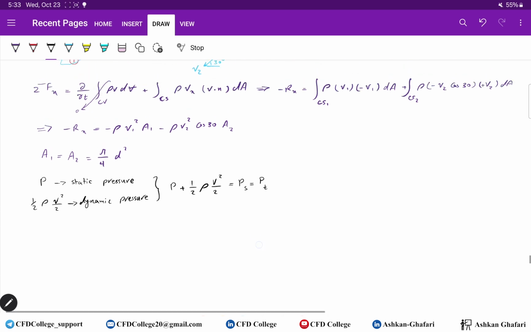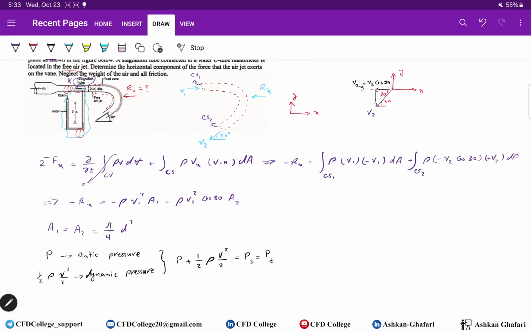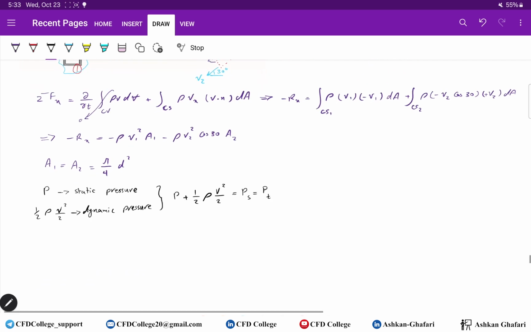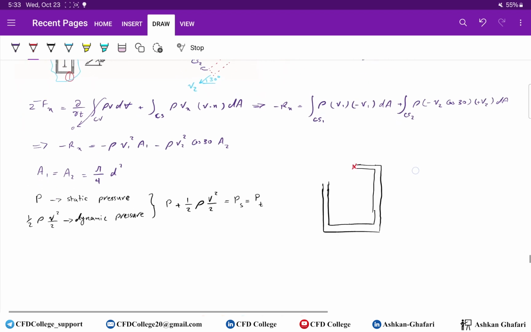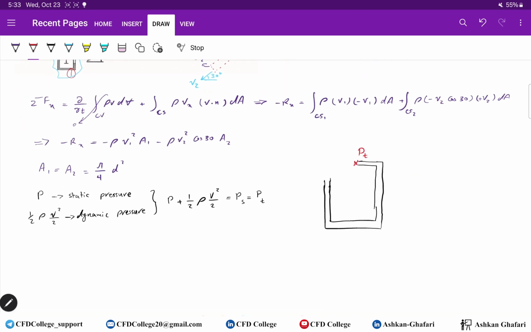So when you have this stagnation tube, it means that the pressure here, the pressure which is calculated by this stagnation tube, is PT.